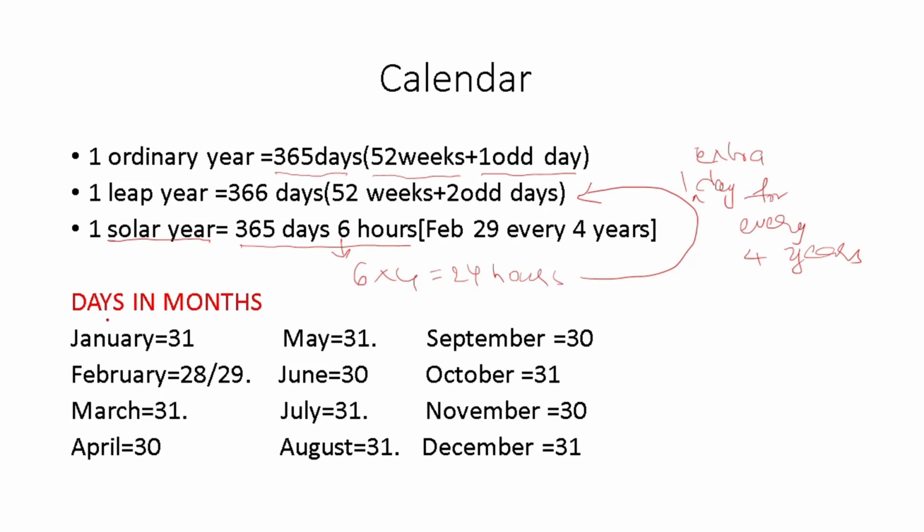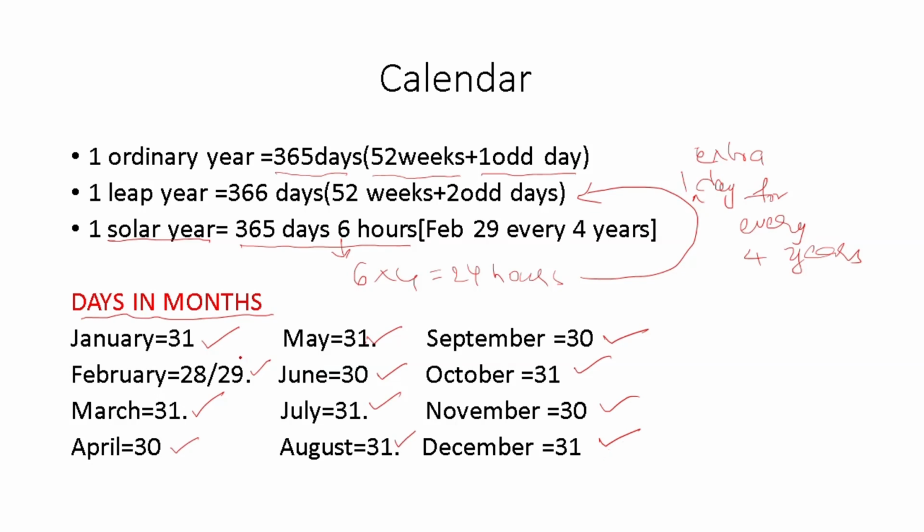Now we are going to discuss the days in the months. January we will be having 31, February 28 or 29, March 31, April 30, May 31, June 30, July 31, August 31, September 30, October 31, November 30, and December 31.